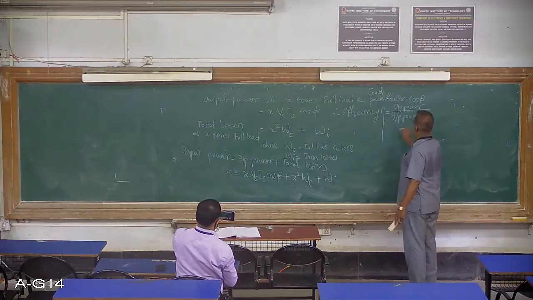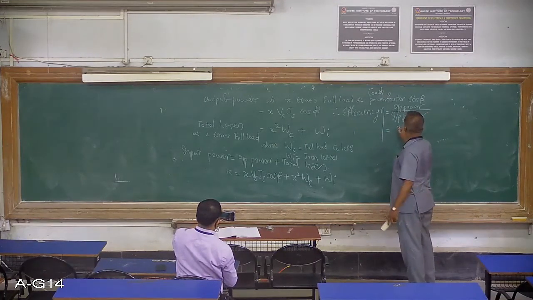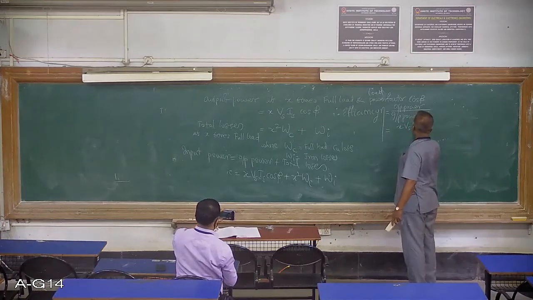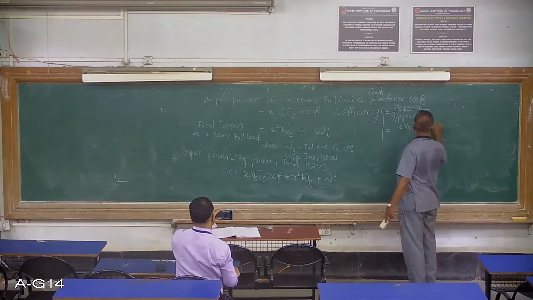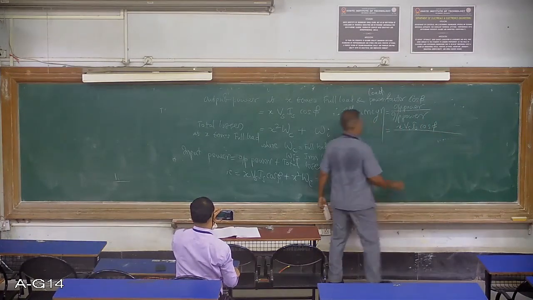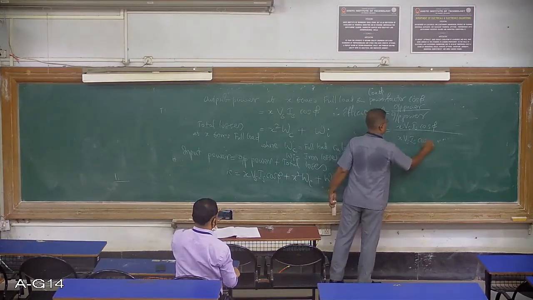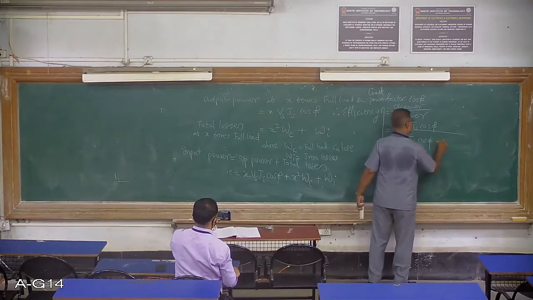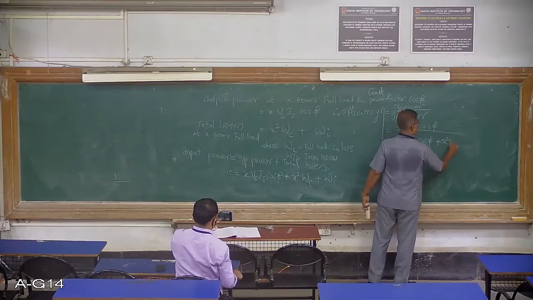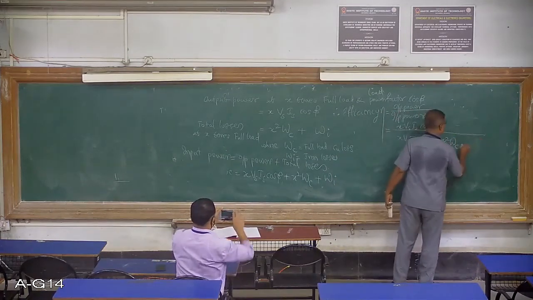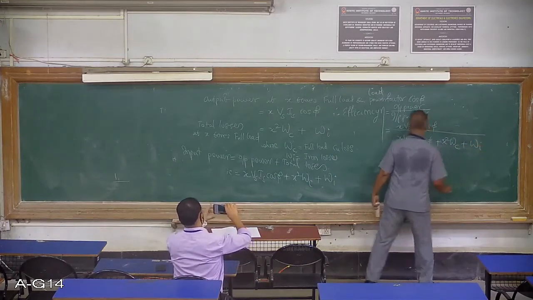So you substitute these expressions: x Vs Is cos phi divided by x Vs Is cos phi plus x squared Wc plus Wi.